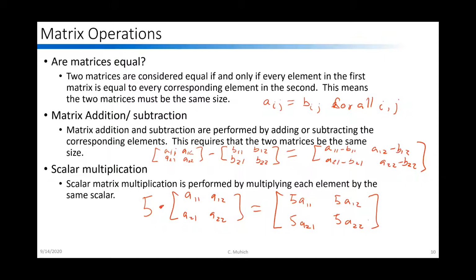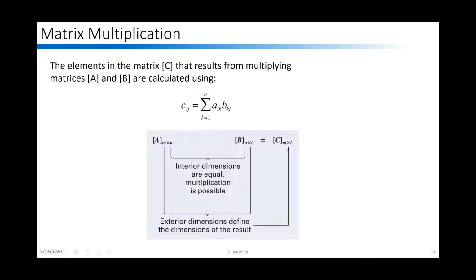Good, so let's increase the complexity and start talking about, instead of scalar multiplication, matrix multiplication. So in this case, what happens when I have matrix A times matrix B?